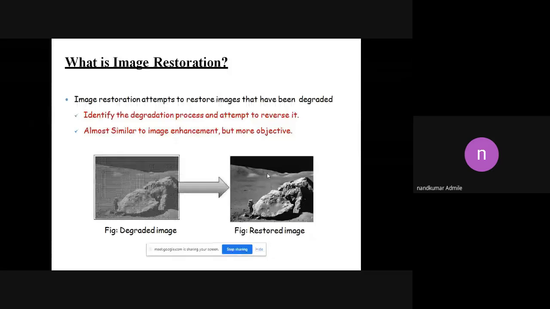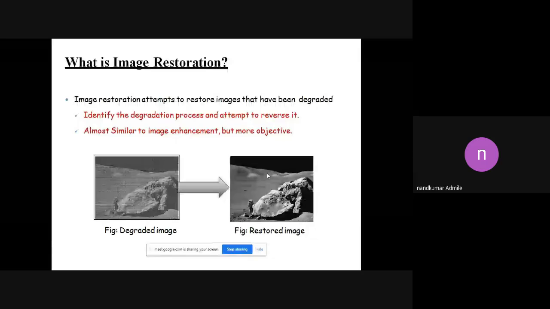We can improve the appearance of the image and simply remove the noise. Okay, so now you understand the concept of image restoration.